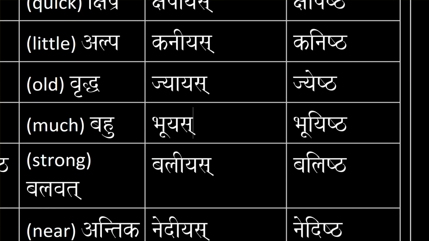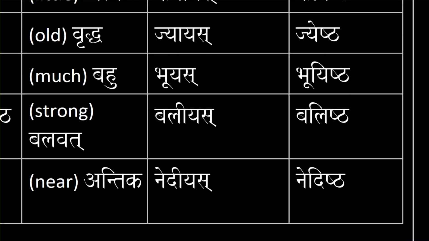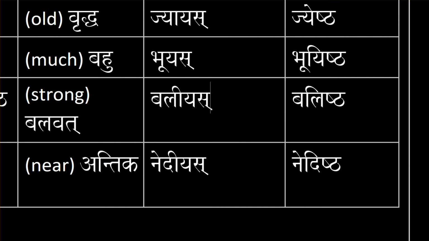For little, alpa, we have kaniyas and kanishtha. For old, vriddha, we have jyayas and jyeshtha. For much, we have bahu.